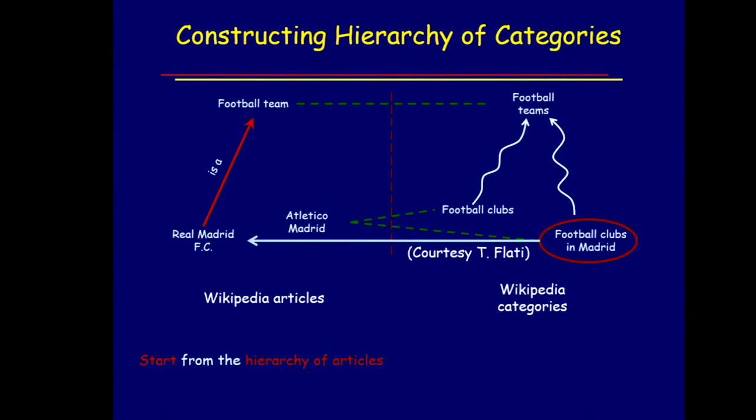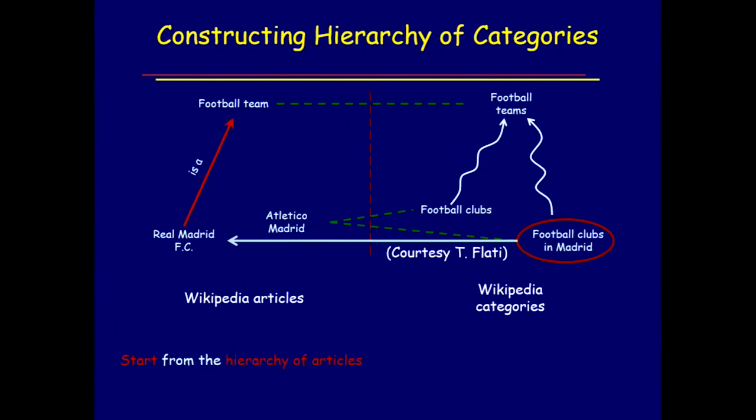The fact that on the right side, one of the categories is under the other suggests that on the left side, you should also have the same, that the article at the bottom should be under the article at the top. And so this is evidence that on the left, the link between Real Madrid FC and football team is an is-a link, because it should reflect what happens on the category side.